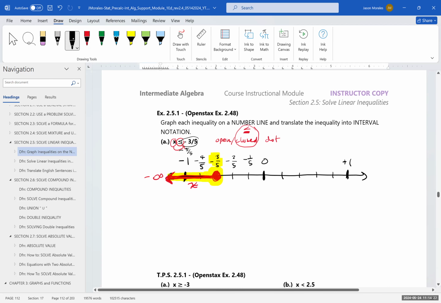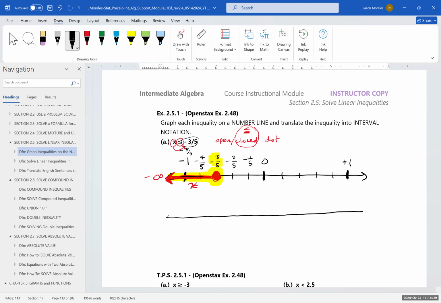Right? And just for completeness, let's go ahead and do this with parentheses and brackets as well. I'm just going to mark -3/5 here. Put arrows on either end of the number line to show it goes into infinity.